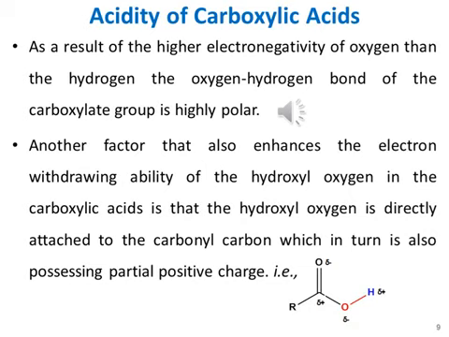Here I have shown you this bond with a red line, and I have shown you that the hydrogen possesses the partial positive charge and the oxygen possesses the partial negative charge.